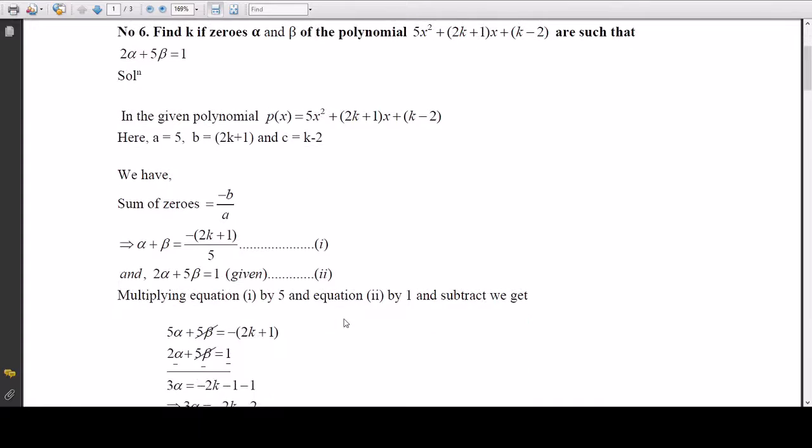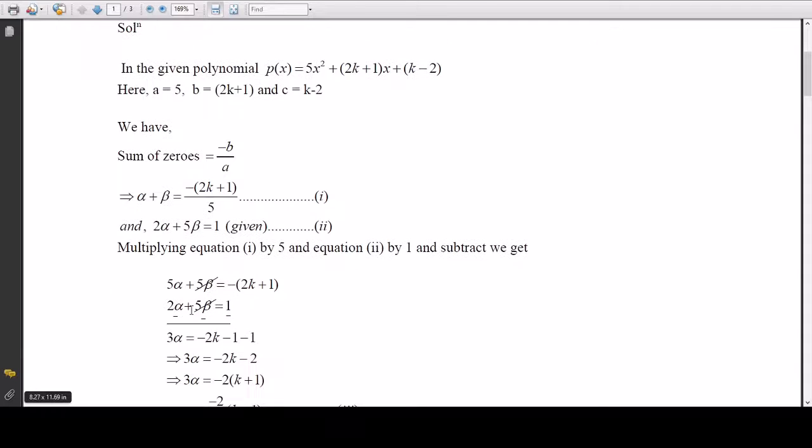Now you'll multiply equation 1 by 5 and equation 2 by 1. Why do we multiply? So that we make the coefficient of beta in both equations equal. We'll multiply 5 to equation number 1 and 1 to equation number 2, and then subtract.